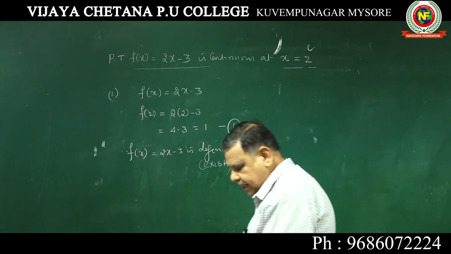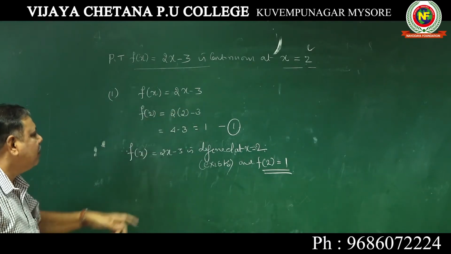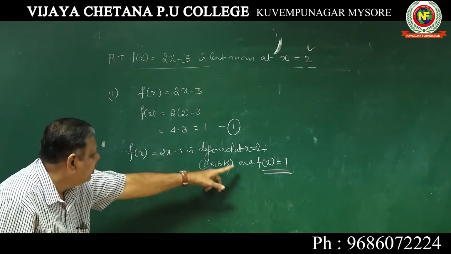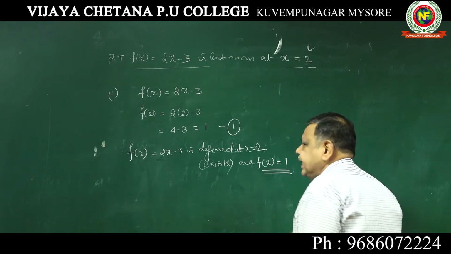Again I will explain: f of x is equal to 2x minus 3, f of 2 is 1. So f of x is defined at x equal to 2 and its value is 1. Now we shall go for the second condition.